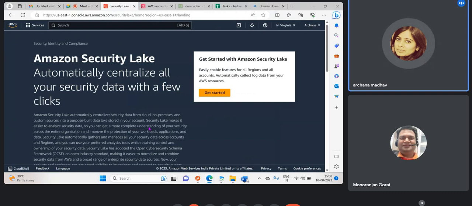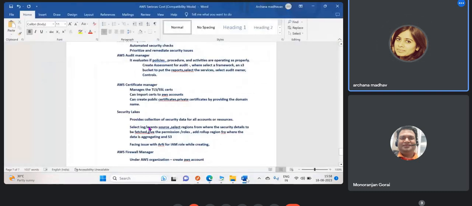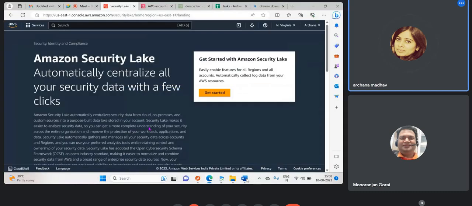We can choose the accounts from where we need to get the reports, and what kind of logs we should get. Whether we need to select the logs or the event source, and then where we need to put the data. Those things are mentioned while creating the Security Lake.